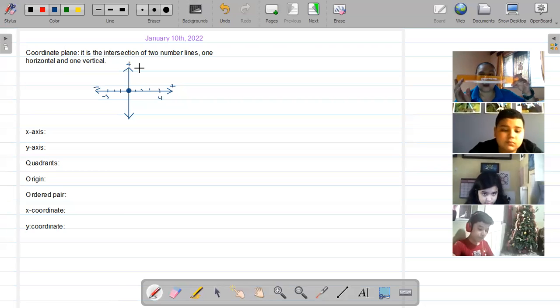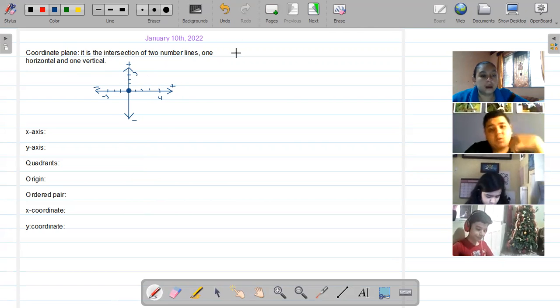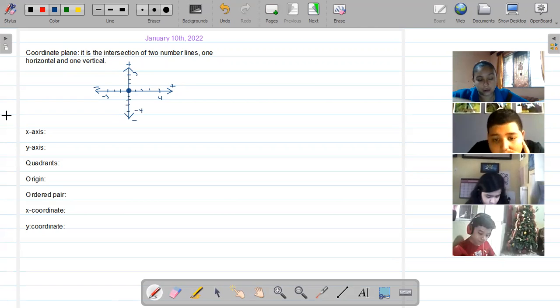If I move it counterclockwise, positives are at the top and the negatives are on the bottom. Okay, so they go the same thing. 1 positive, 2 positive, 3 positive, and so on up. And to the bottom, we got -1, -2, -3, -4, and so on downward.